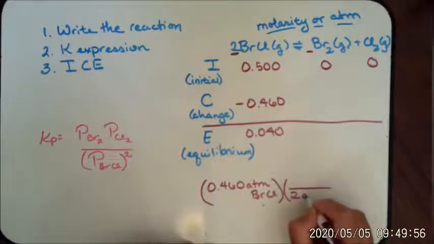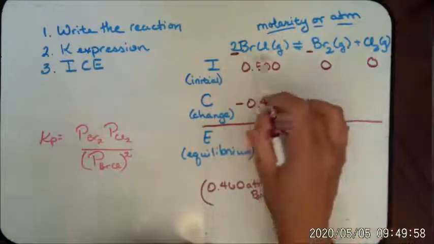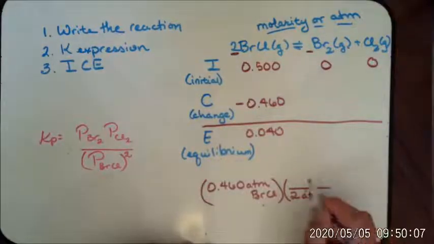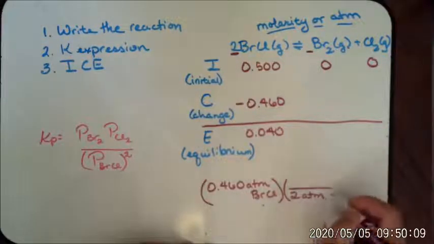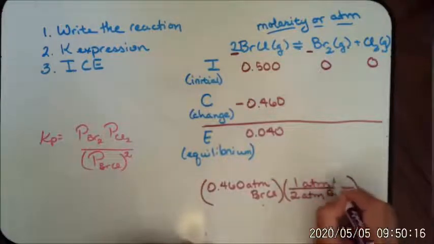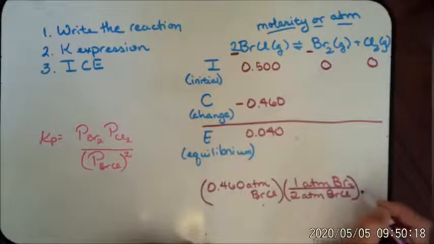So for every 2 atmospheres, remember we were talking about gas laws, okay? So for every 2 atmospheres of this bromine chloride, I'll only get 1 atmosphere of bromine.